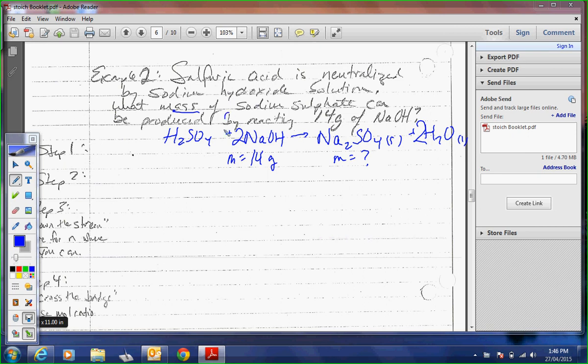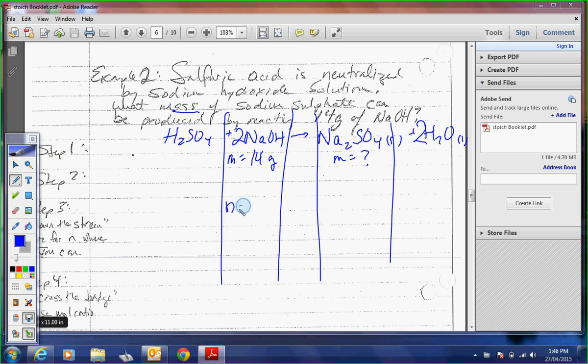So I'm going down this column, crossing, and then trying to get up to that column. So the first thing I need to end up at is number of moles. So how do I do that? I go mass divided by molar mass. So 14 divided by 40. I ignore the big 2 at this point still. 0.35 moles.